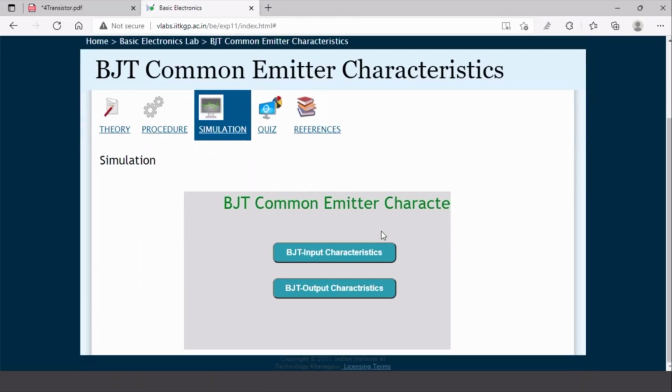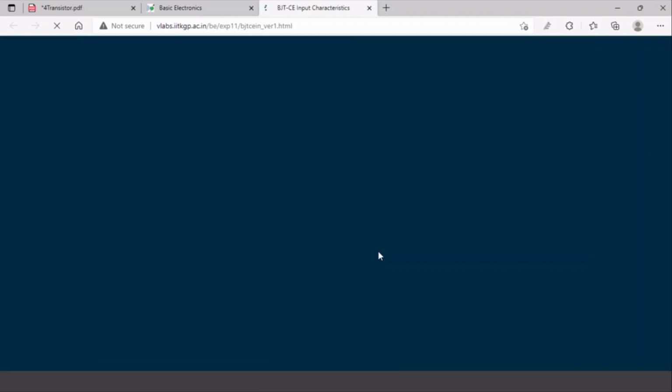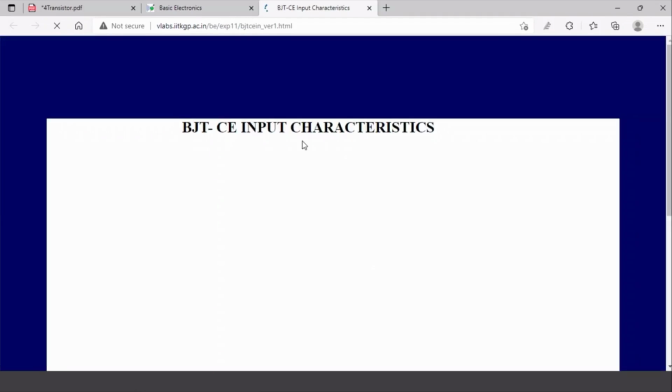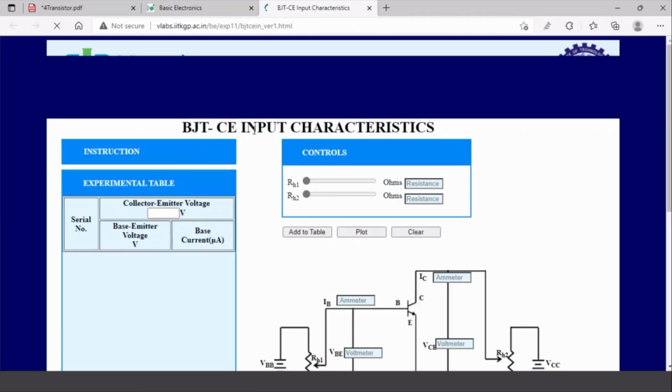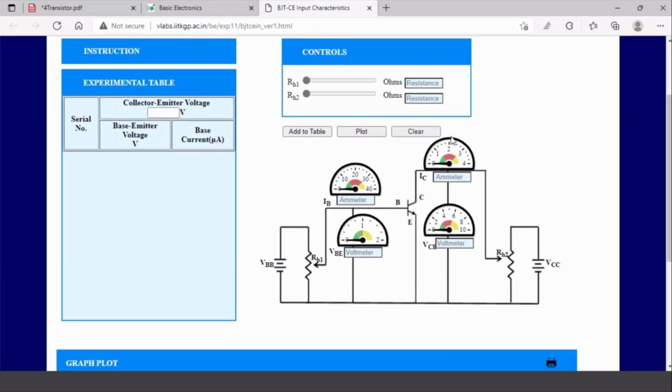You can see that we have the option of two characteristics, either BJT input characteristics or output characteristics. If I click on input characteristics, it will open another page. So this is the BJT common emitter configuration to plot the characteristics. Now what is the circuit? The circuit is the one which we have just now discussed.